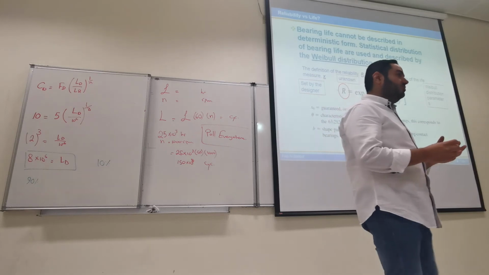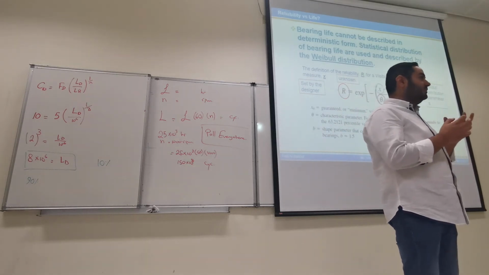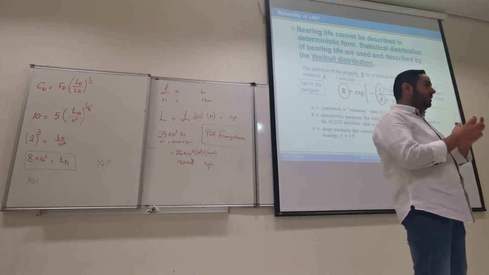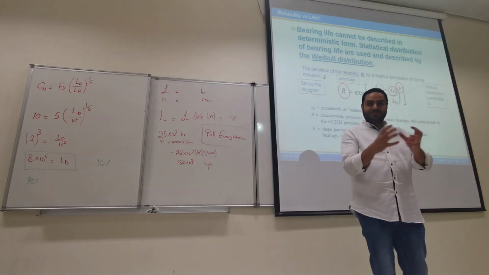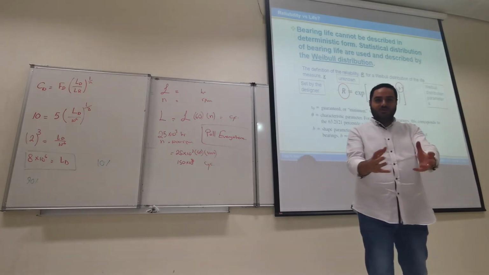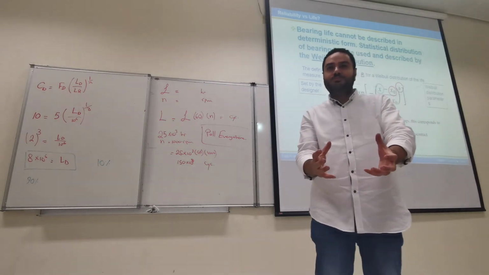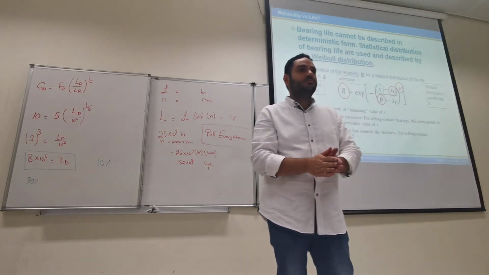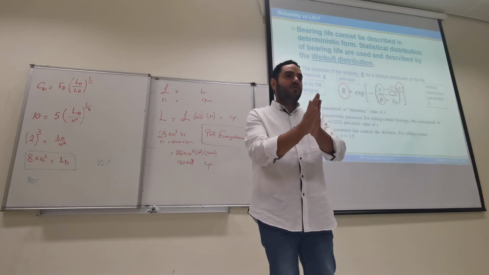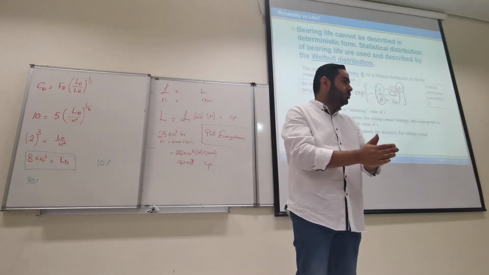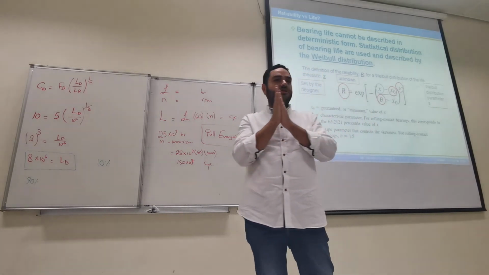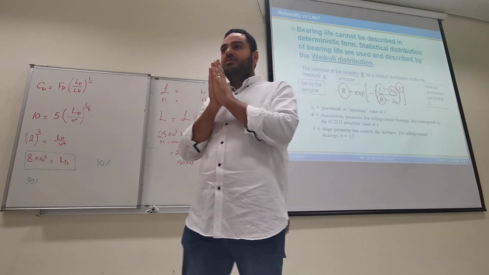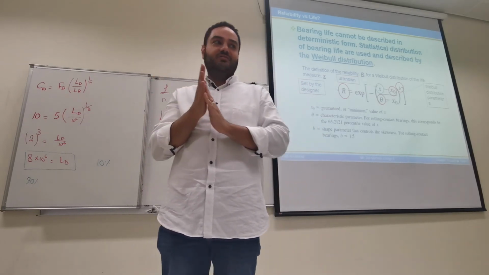Same thing if you look at a pump. If I'm a producer of a pump assembled with a motor, there are packages now, a small one that you use at home. It consists of a motor coupled directly to the pump. Imagine that from 100 pieces you produce, 10 return to the factory because they failed before reaching the target life.